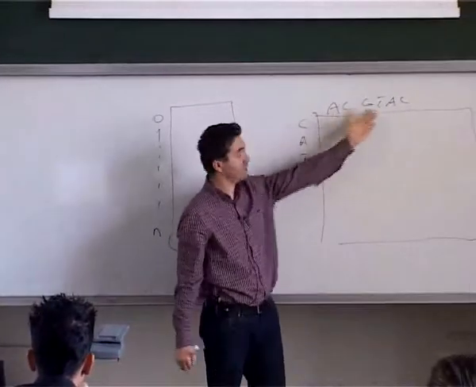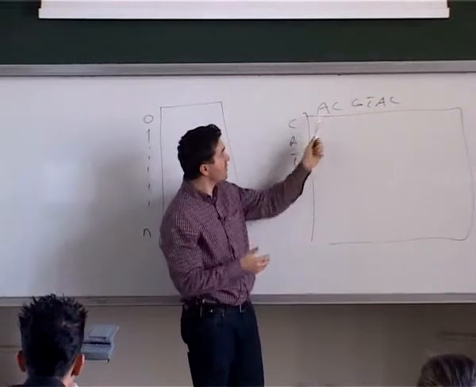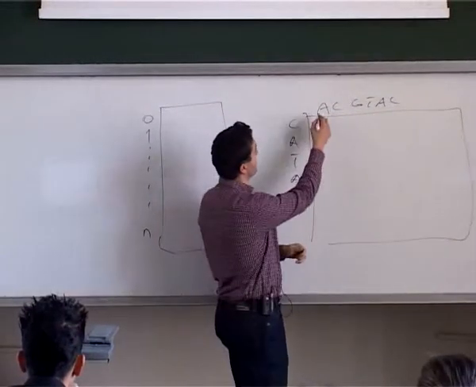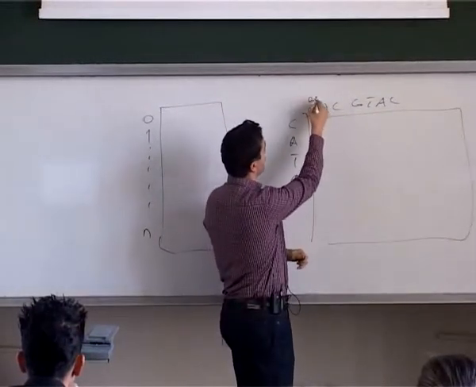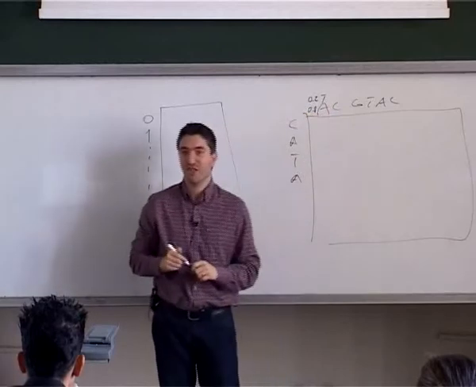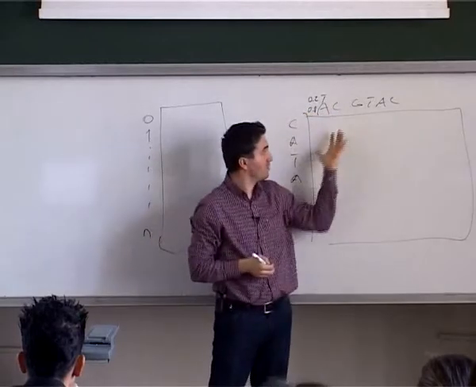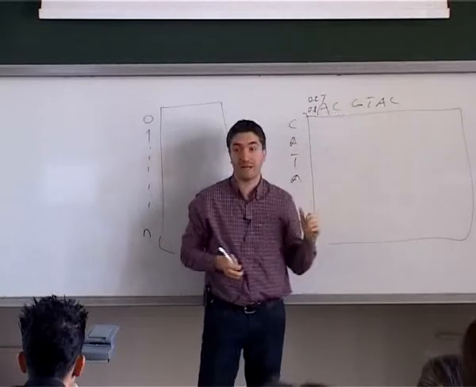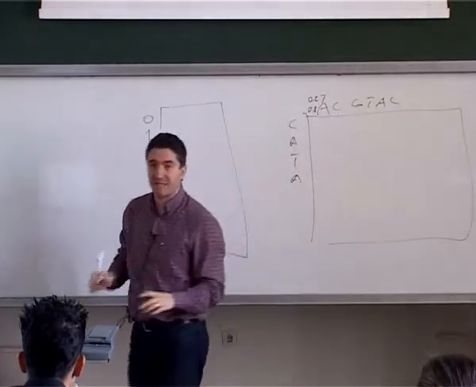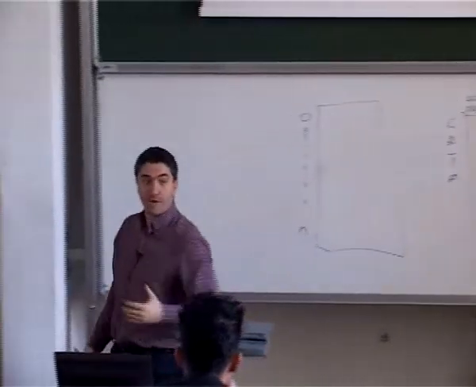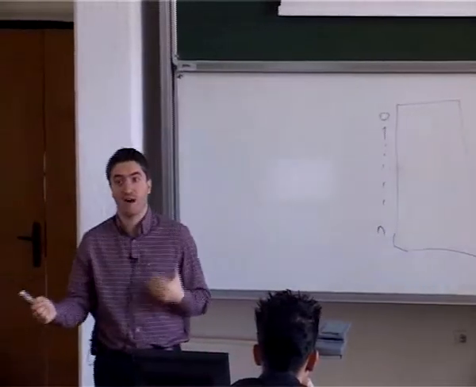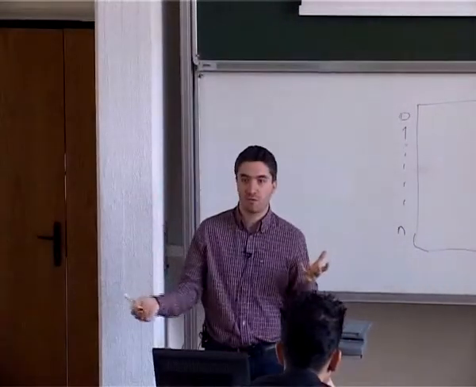If this is the profile, it's not going to have just an A. It's going to say, I'm 80% A, 20% T. We need to extend our algorithm to compare a sequence against a profile: how similar is this sequence to this profile?